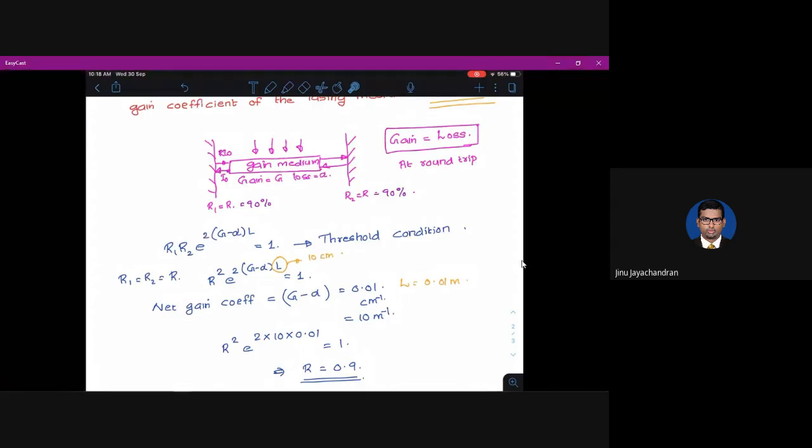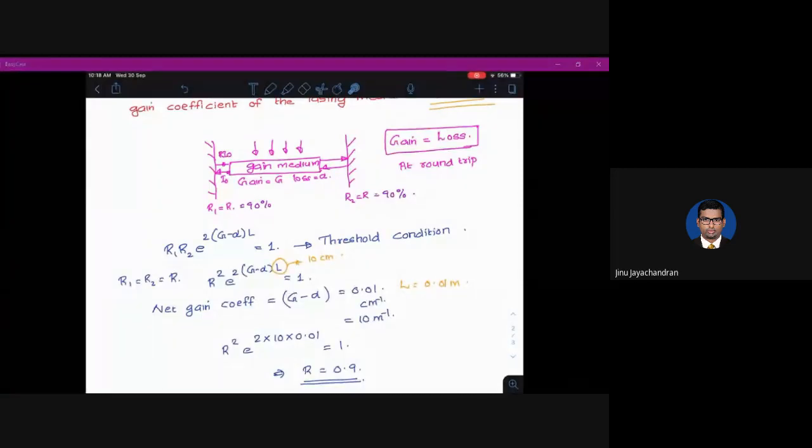Now let me see. I think I'll give one problem from the first module, because I think I haven't done any problems from there. Let me check.